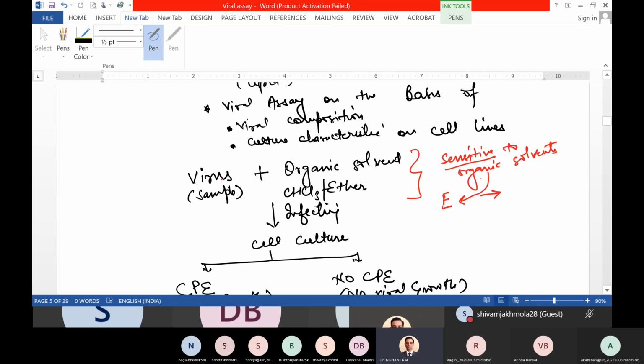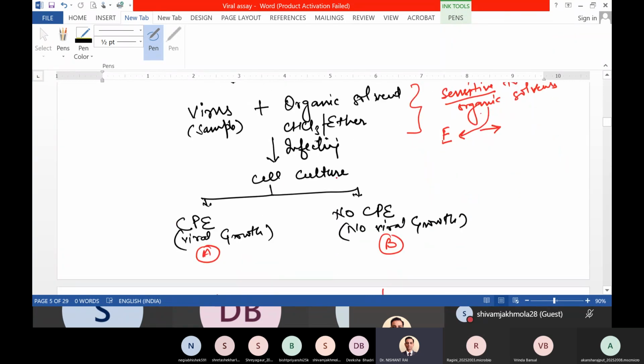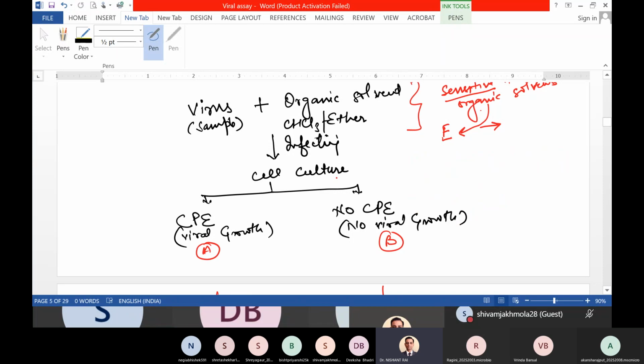What we have done is we have mixed the virus sample with organic solvent. Now assume that it is not an enveloped virus. If it is not an enveloped virus, it is a naked virus, then there is no effect of this organic solvent on the virus, and the virus will remain infectious.